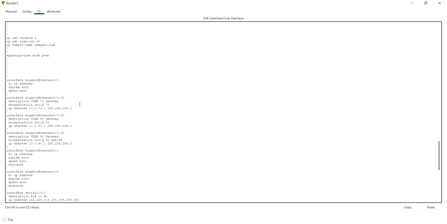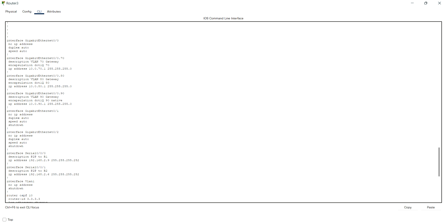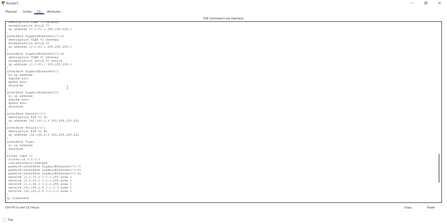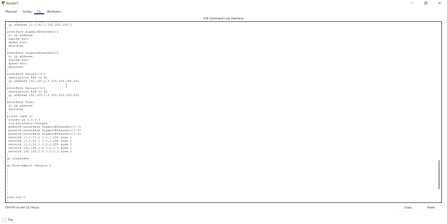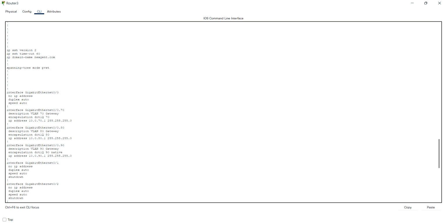Gig0/0.80, VLAN 80, IP address 10.0.80.1/24. Gig0/0.90, which is VLAN 90, 10.0.90.1/24. We configured all of the IP addresses manually there, and of course set this up for SSH. That's what we did there.